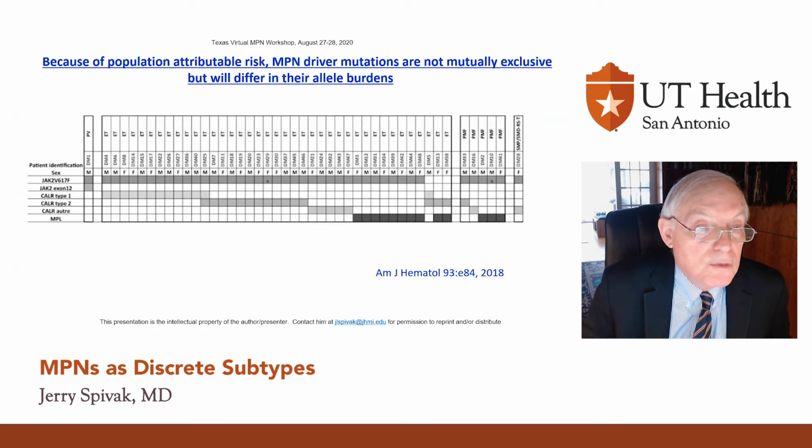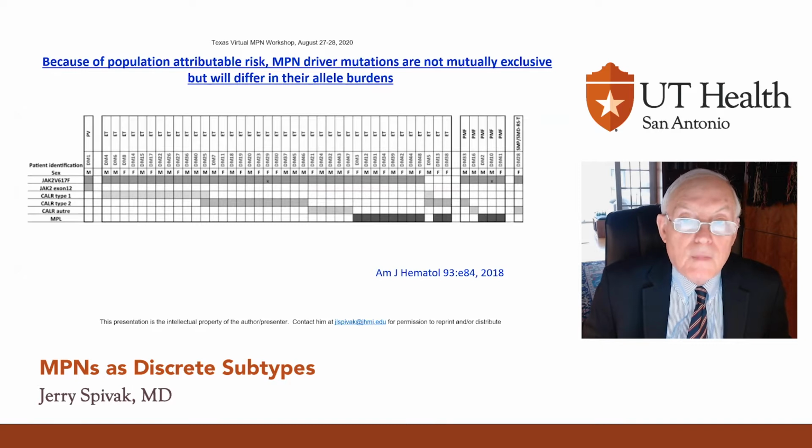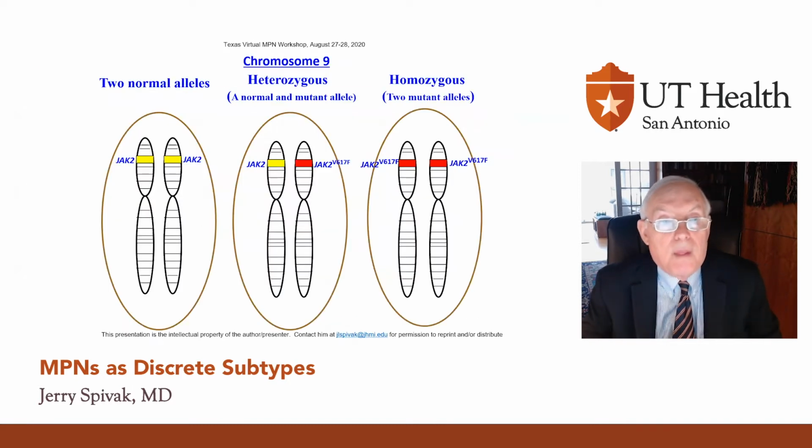And this slide shows patients with PV, ET, and PMF who overlap JAK2 with CALR type 1, 2, or other, or with MPL. And allele burden is what distinguishes patients who have more than one MPN driver mutation.